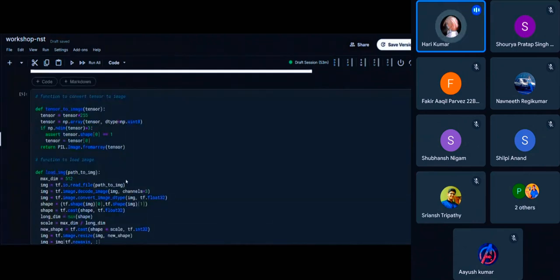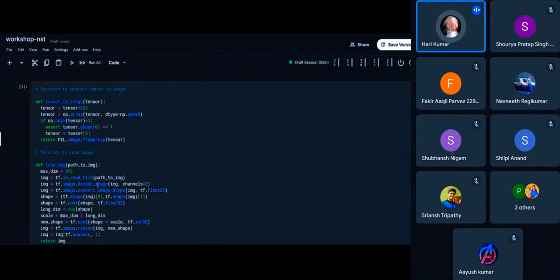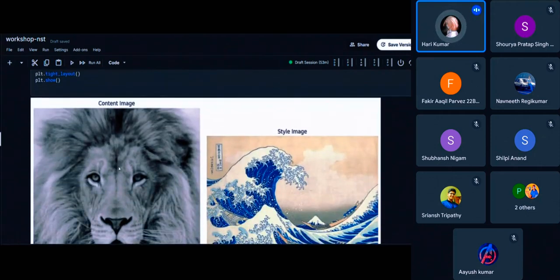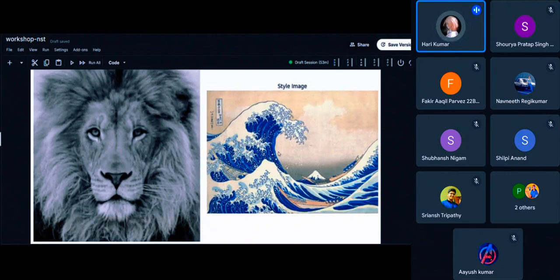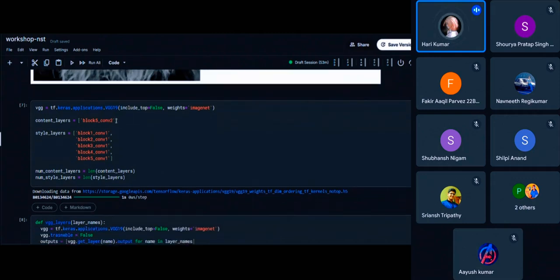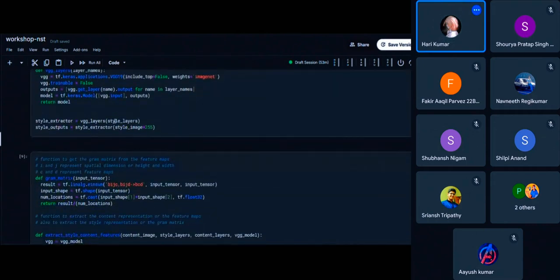And here I've defined a few basic functions for tensor to image and loading an image. I have loaded the content image for this example and then the style image. VGG19 would be the image classification model we are using. And these are the content layers and style layers that I have defined.